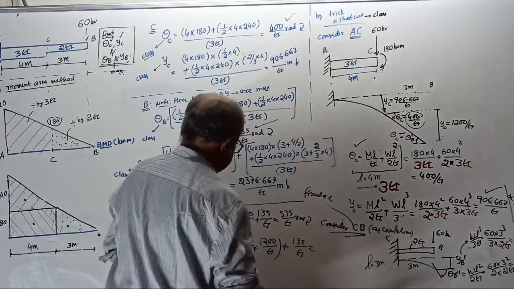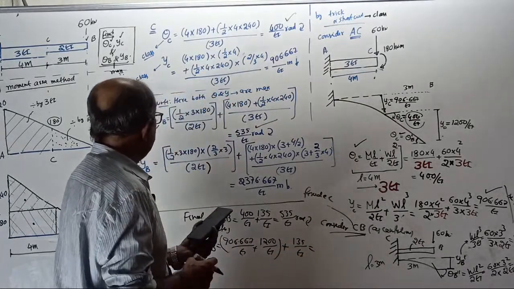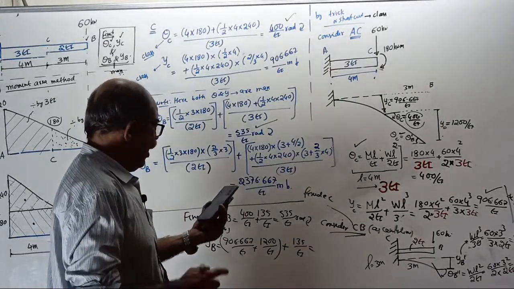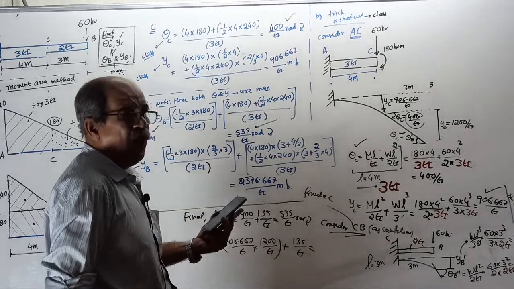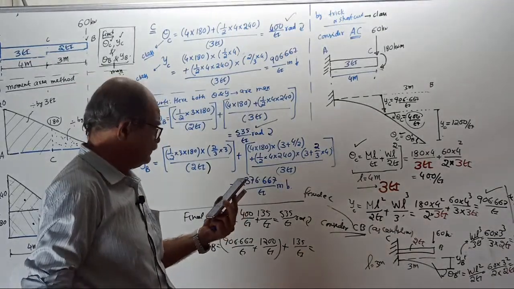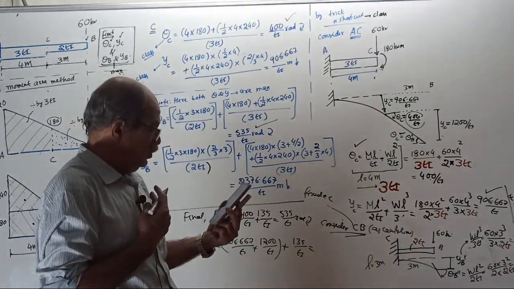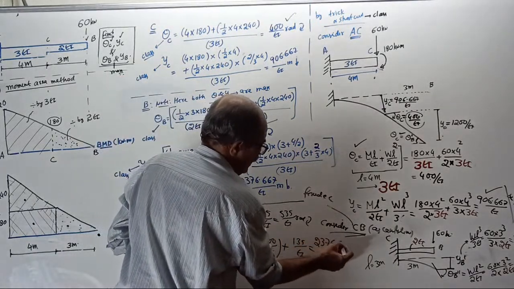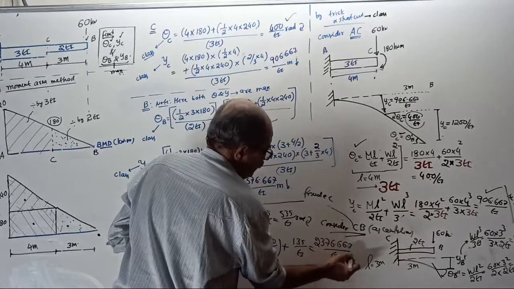Add all and tell the answer. 906.667 plus 1200 plus 135. That gives 2376.667 by EI. Perfectly tallying.